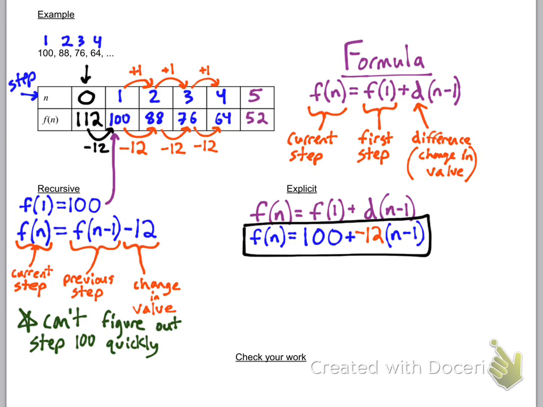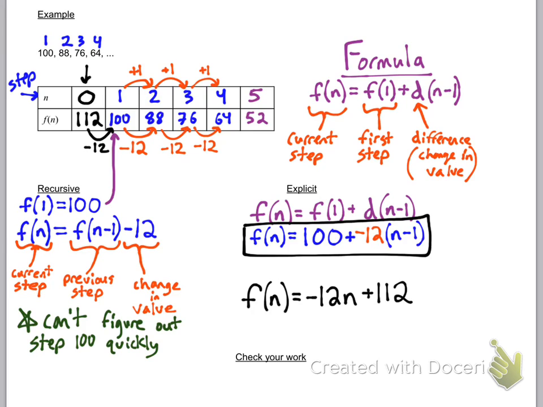Even though the arithmetic sequence really starts at 1, when we're talking about graphs, and a lot of times in math, we talk about the zero step because we plug in 0 to start the formula. So now that I have that step, the formula is just this. Negative 12n, because negative 12 is what we change by each time, plus 112, that starting value.